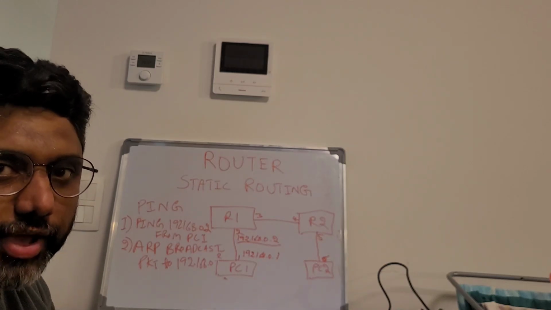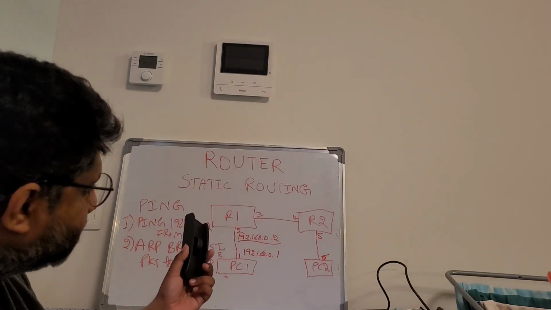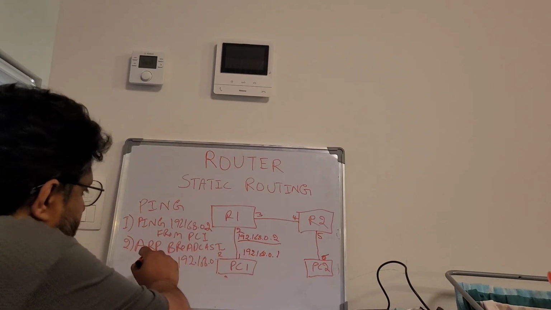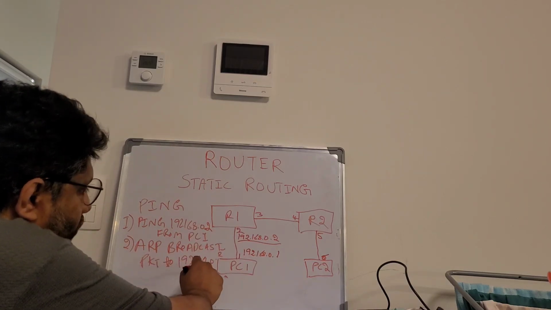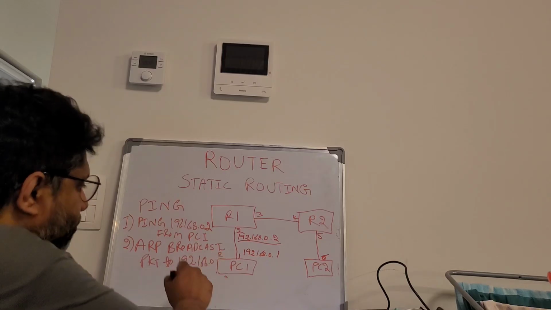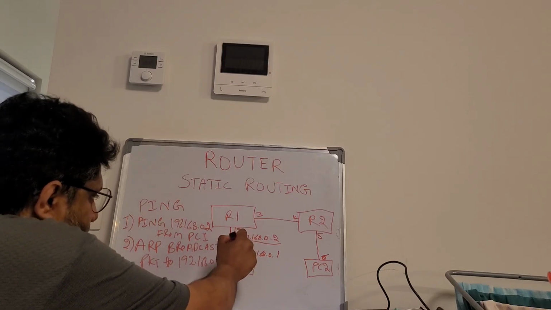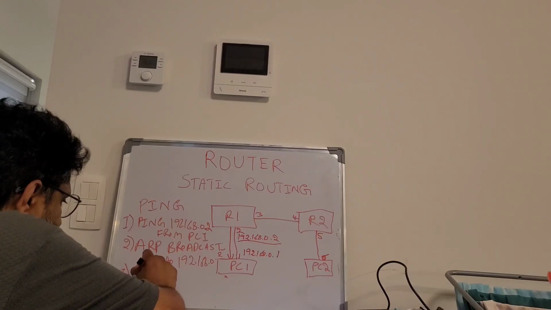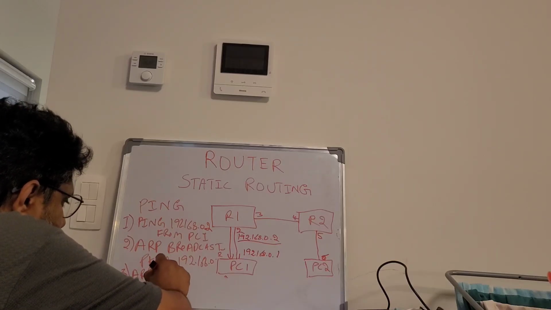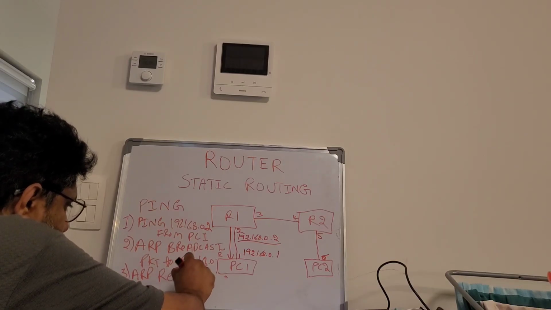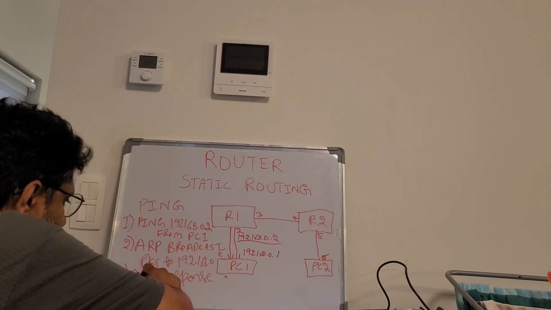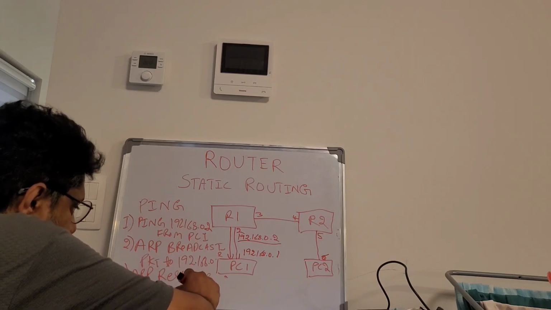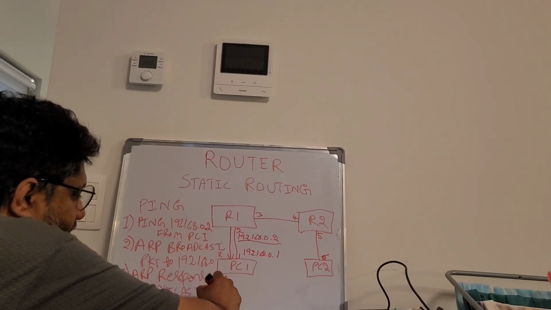So you need to know the MAC address of the uplink router, 192.168.0.2. PC1 will say ARP broadcast: who has 192.168.0.2? R1 responds with a unicast ARP response, saying that I am at a particular MAC address.